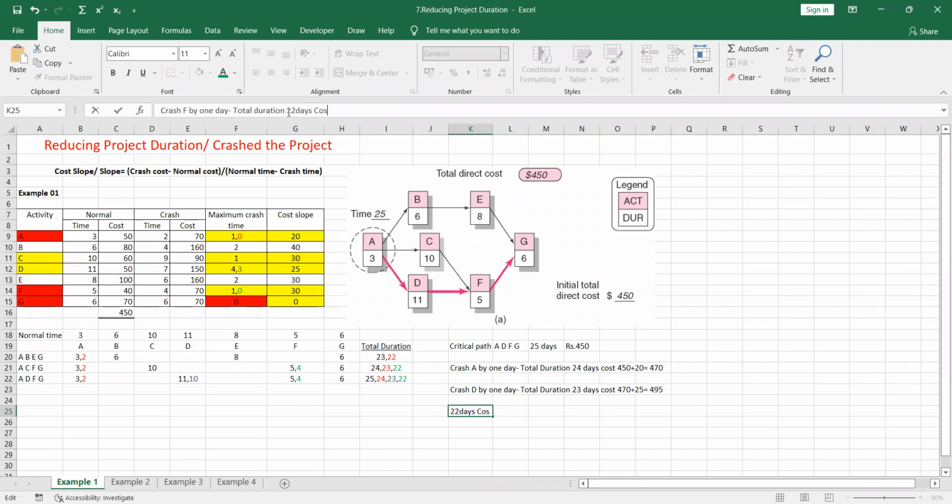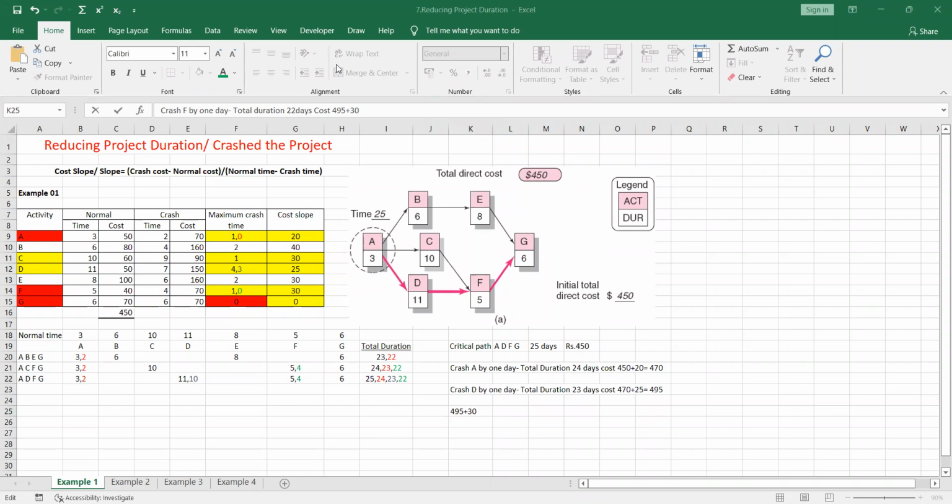So how much cost are we having? The cost we previously had was 495. For that 495, after crashing F activity by 1 day, we know the cost is 30. For that 495, you have to add this 30 here. So after adding 30, what is the value you are getting? 525. Very good.